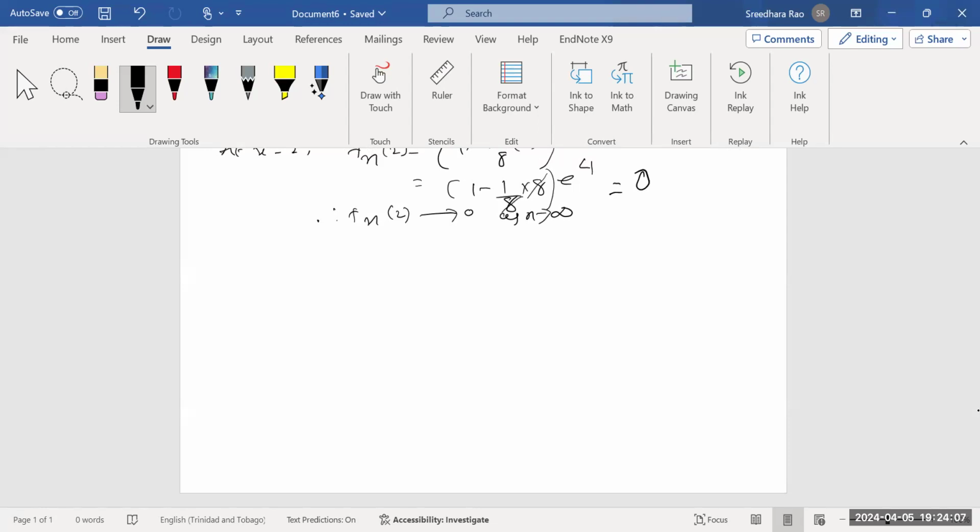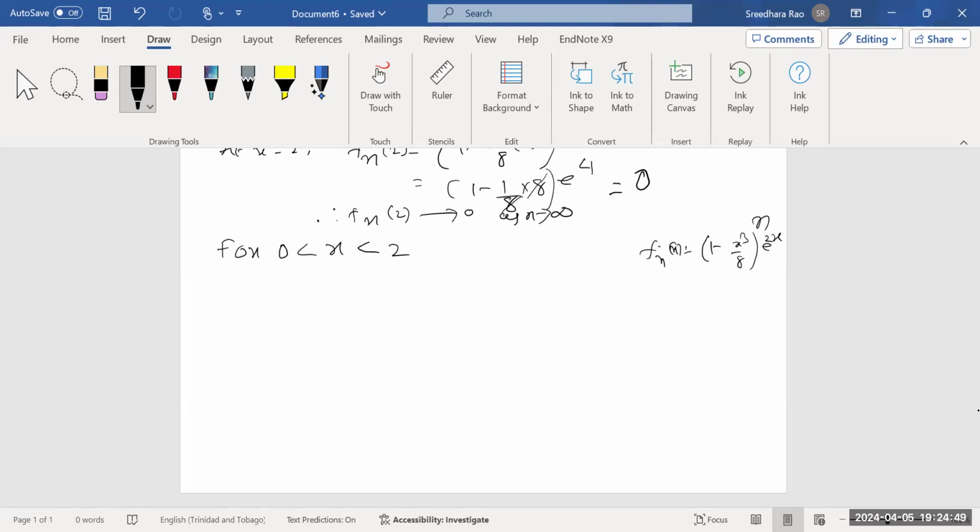Right. So what about the values of x lying between 0 and 2? Then we have to calculate the function in general. Your function is Fn of x equals (1 minus x cube by 8) to the power of n times e to the power of 2x.